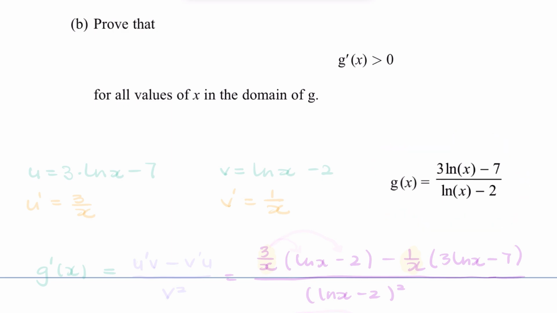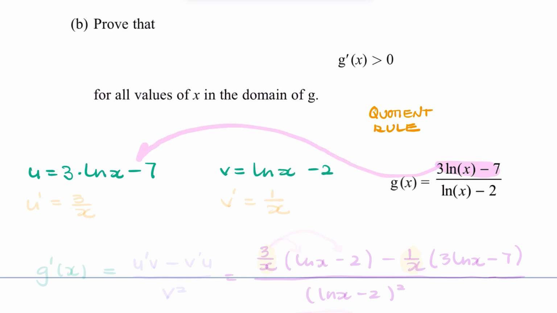The numerator is going to be our u, so u is 3 ln x minus 7, and our denominator will be v, ln x minus 2. If you differentiate the numerator, the derivative of ln is 1 over x, so u dash is 3 over x. And v dash will be 1 over x.